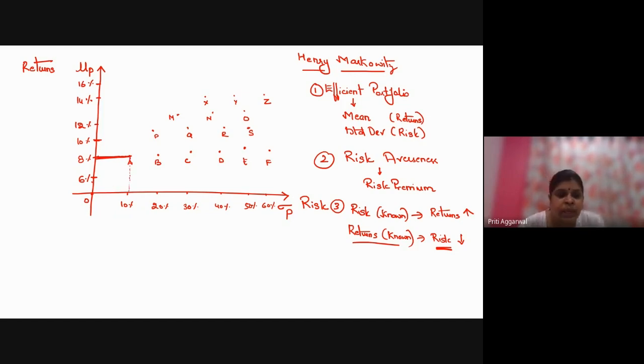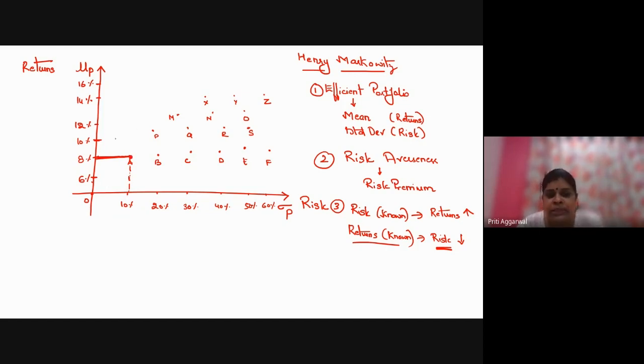So here, 10% risk is the best, optimum portfolio for me. Why? Because given the level of returns, the least risk is at 10%. So the least risk is at portfolio A.